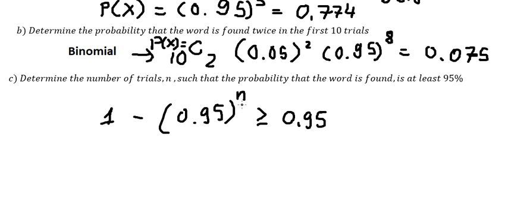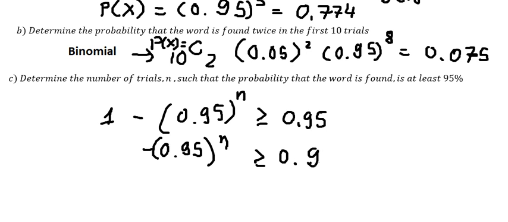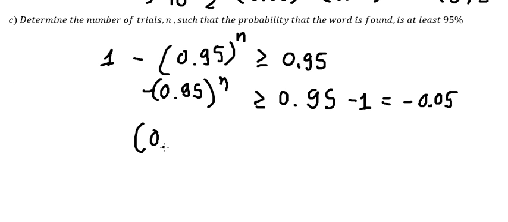So we need to find the value of n. So I will put number 1 over here. And this one we have negative 0.05. Later we simplify the negative for both sides, and we got like this.